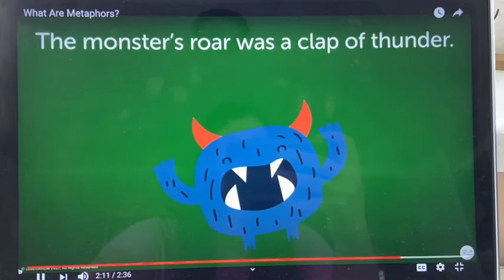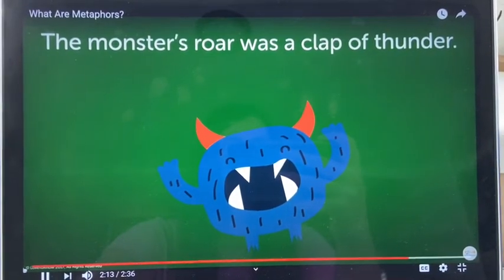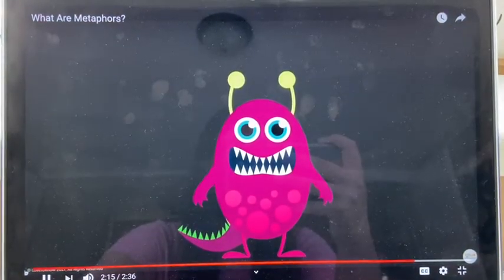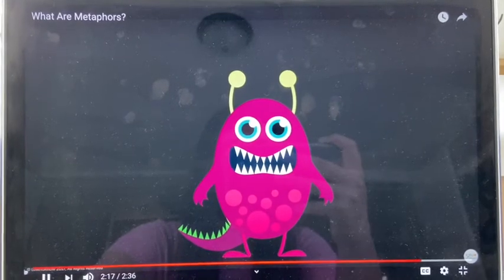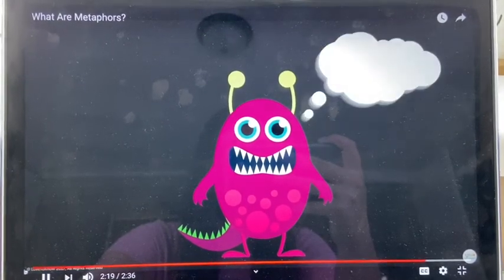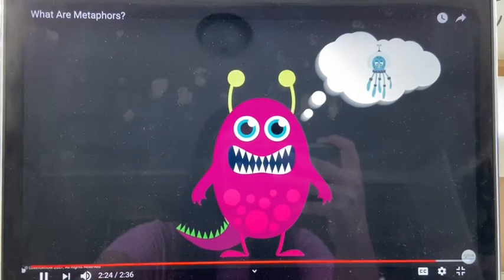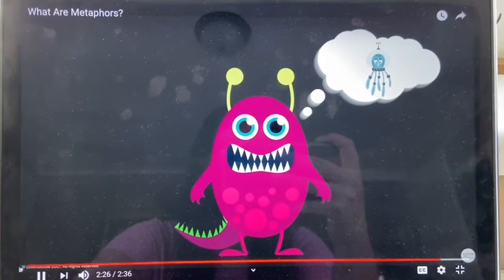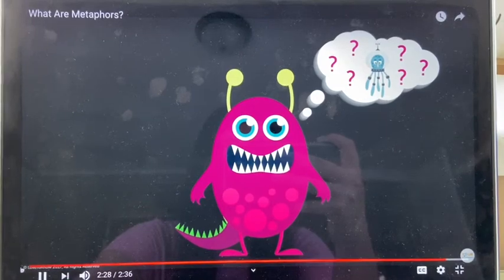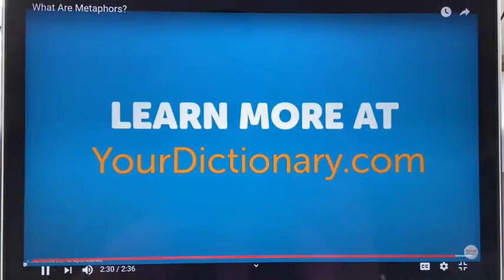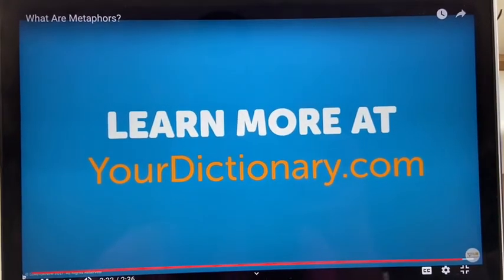The monster's roar was a clap of thunder. Just remember to use comparisons that people will understand. For example, if you say, Fred was an intergalactic explorer who hadn't had a proton donut in weeks, your audience may be confused. Now you should be ready to try writing some metaphors of your own.